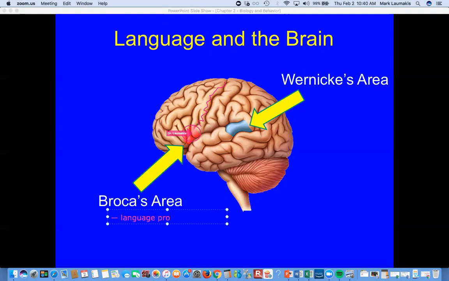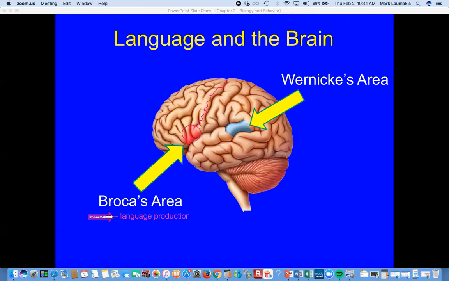This is about language production. This is what I've been overworking since 8 o'clock this morning, producing lots of speech. And logically, geographically in your brain, it kind of makes sense to put the language production center right next to this strip that's about moving things, right? Because speech production is really about moving things, your mouth and your lips and your tongue and your vocal cords to produce those sounds, okay?